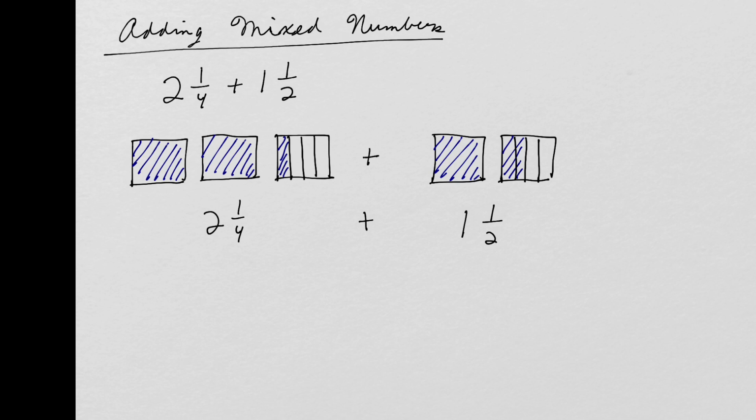So 1 1/2 is the same as 1 2/4, because the half is the same as 2/4. Can you see from this picture, if you add the whole pieces, 1, 2, 3, I get 3. And then if I add these pieces, I get 3 shaded out of 4, it's always out of the whole. So this is equal to 3 3/4. I have 3 whole pieces, and then 3 pieces are shaded out of the 4 for the fraction piece.